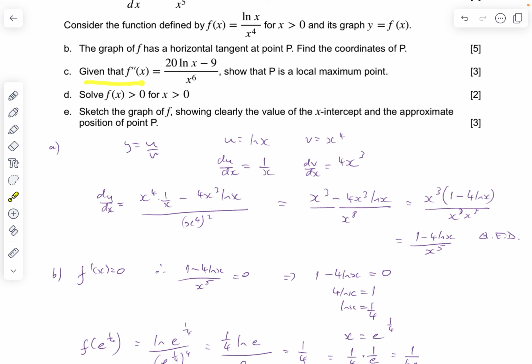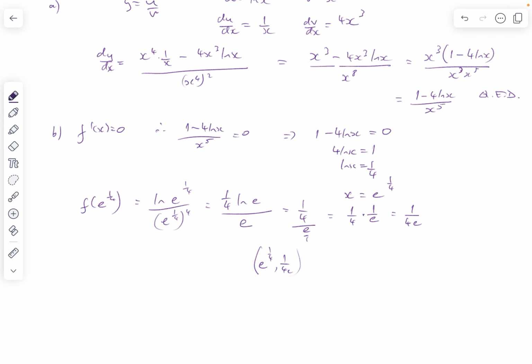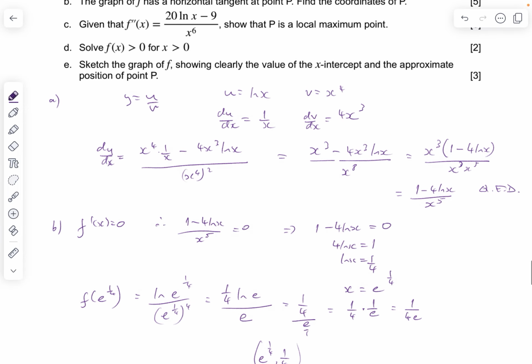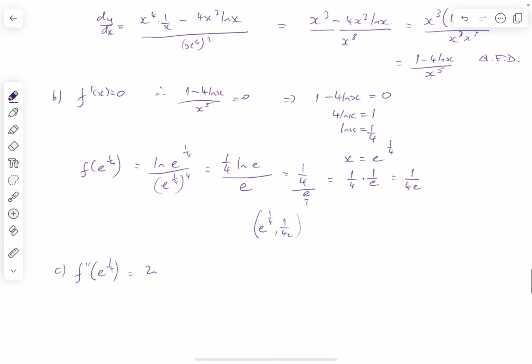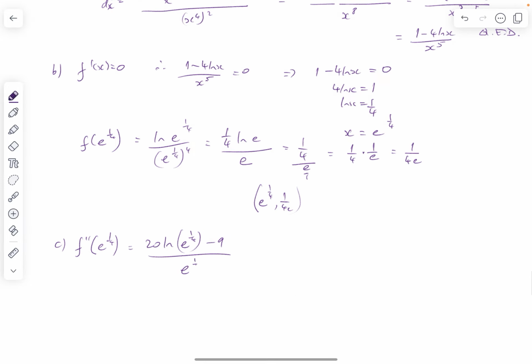Part C, given the second derivative, so we don't have to work out the second derivative, they've done it for us, that's nice of them. Show that P is a local maximum point, so then we have to substitute in. So f double dashed of e to the quarter equals 20 log x subtract 9 over x to the power 6, so 20 log e to the quarter subtract 9, over e to the quarter to the power 6.